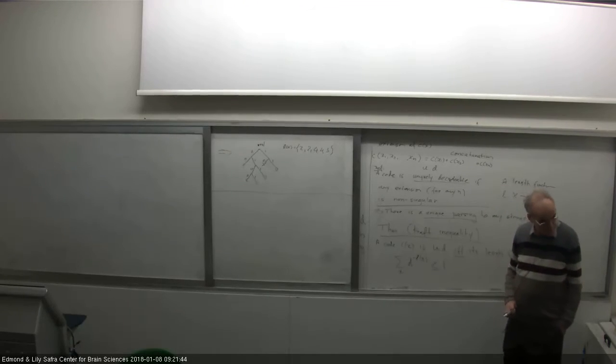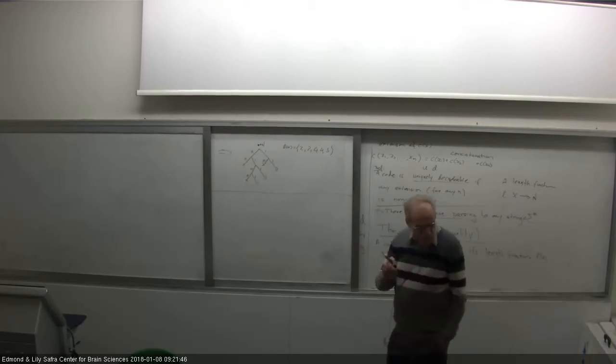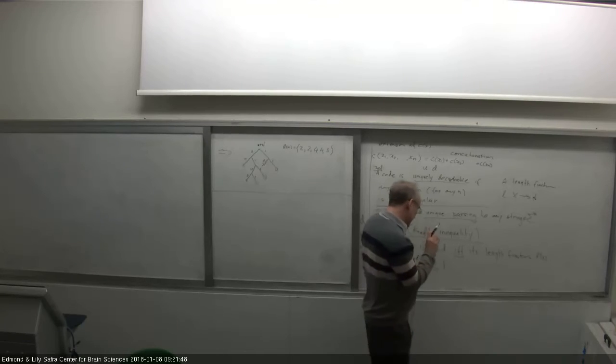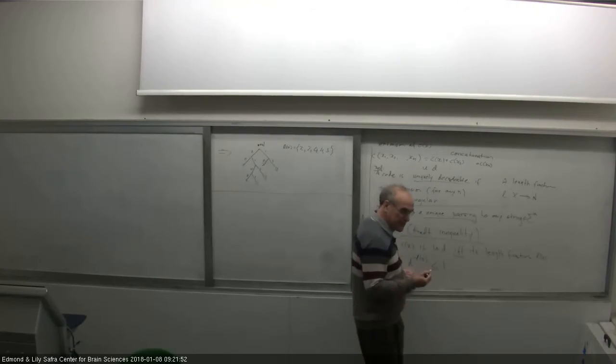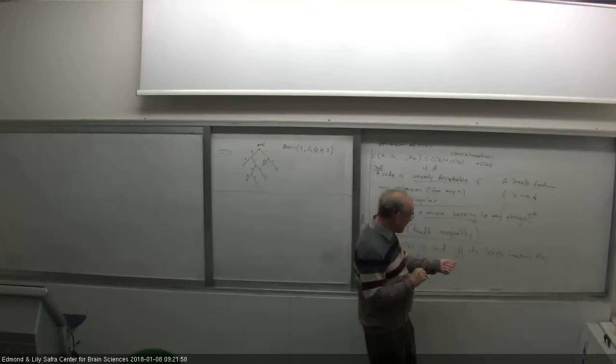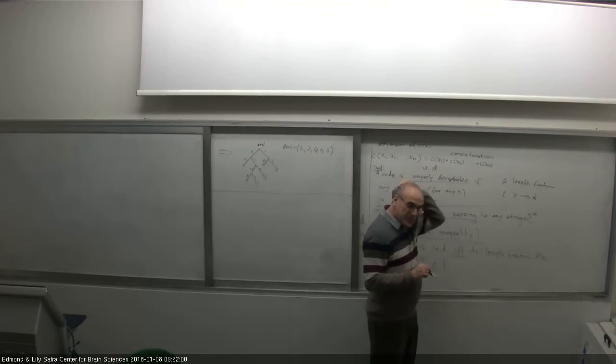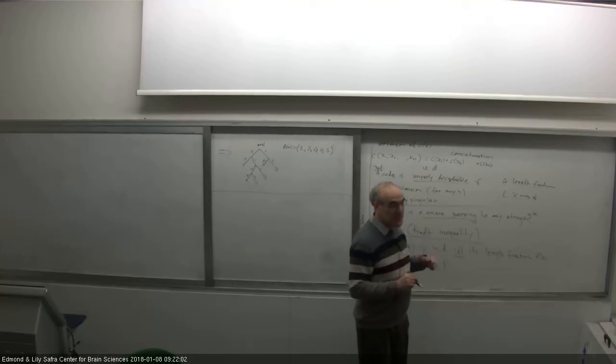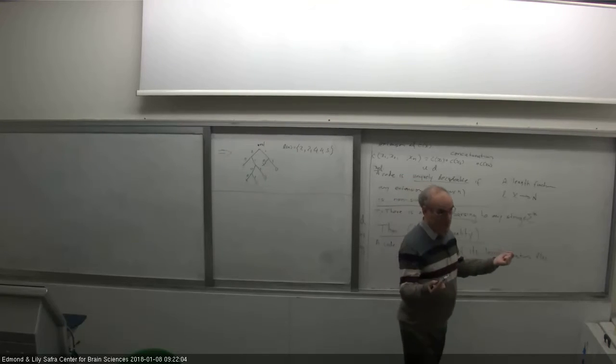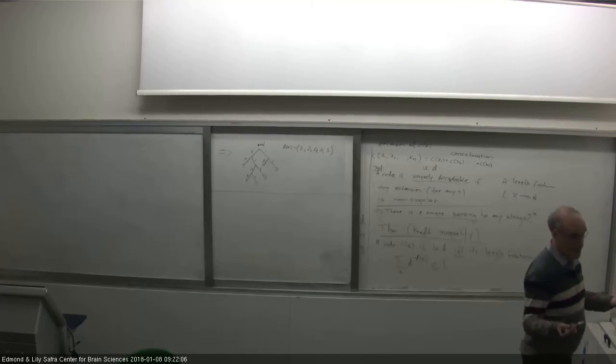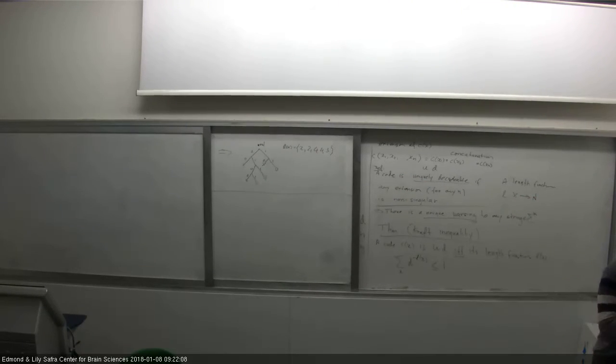Okay. So the if and only if, you're right. There's something I wasn't very accurate about here. If C is a uniquely decodable code, then its length function obeys this. And the other way is actually easier. If you have a length function which obeys the Kraft inequality, then I can find even a prefix code which obeys this, simply by putting it on a tree.